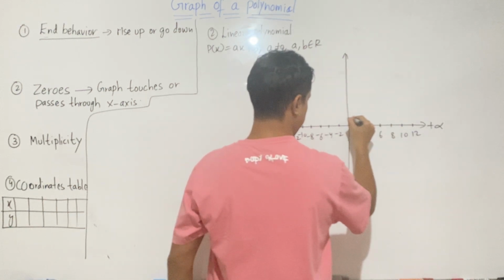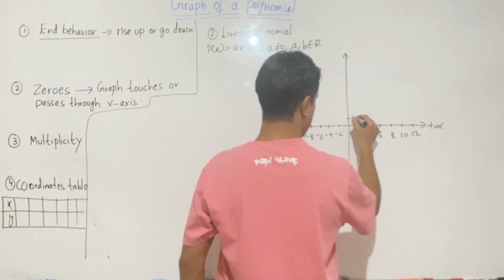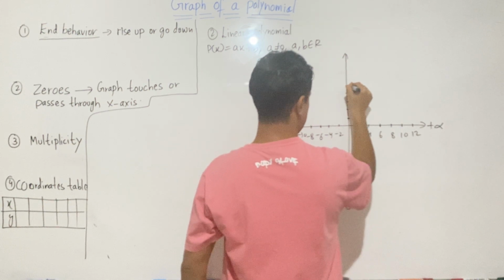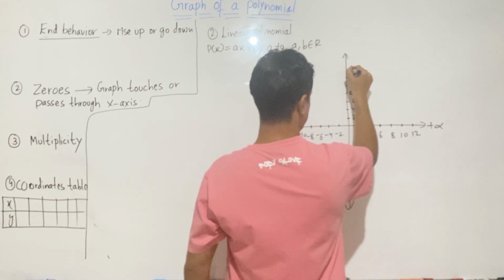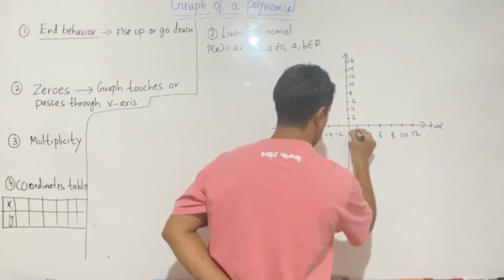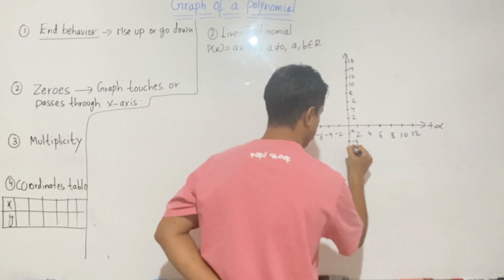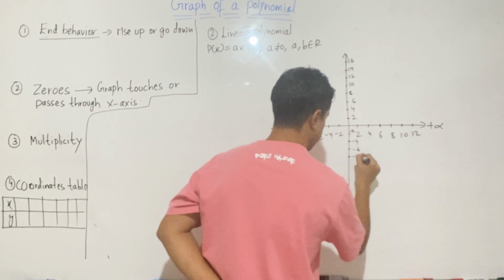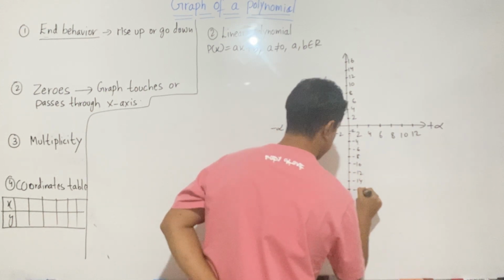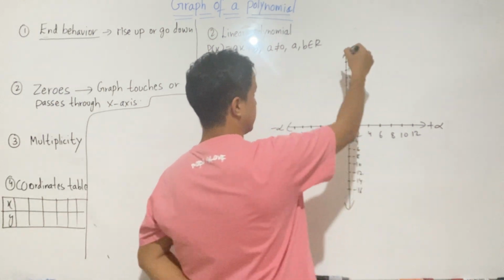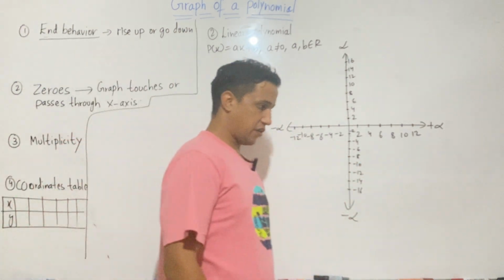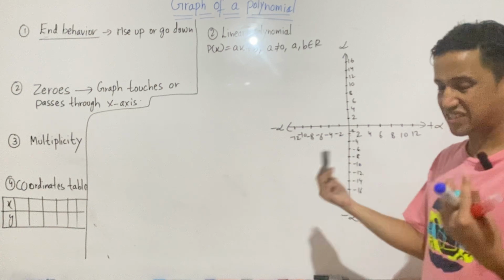On this axis, this is +2, +4, +6, +8, +10, 12, 14, 16 here, -2 here, -4, -6, -8, -10, -12, -14, -16. On this side infinity, this side minus infinity.